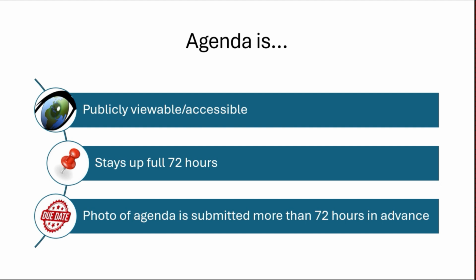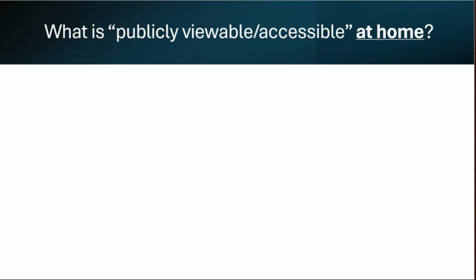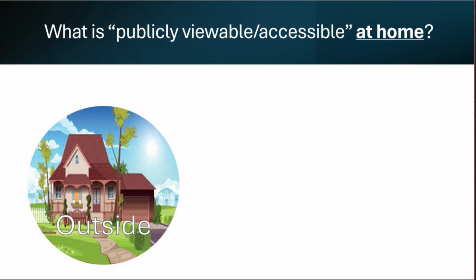So I said we talk a little bit more about what does it mean for the agenda to be publicly viewable and accessible. This can mean something different when you're at home versus if you're attending the meeting someplace else. If you are attending the meeting from home, the agenda should be outside your house, so visible from outside.